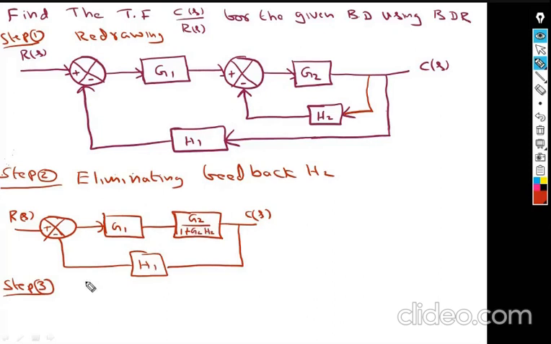So I can write cascade, or rather, without using the word cascade, I can write reducing series blocks, G1 and G2 by 1 plus G2 H2. If we reduce, what will be the resultant block you will be getting?